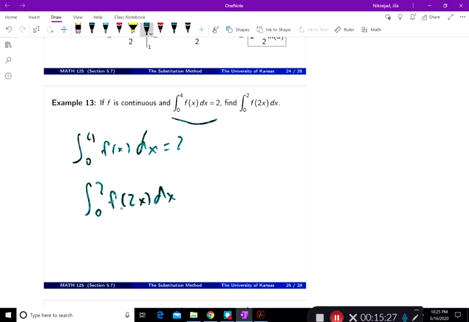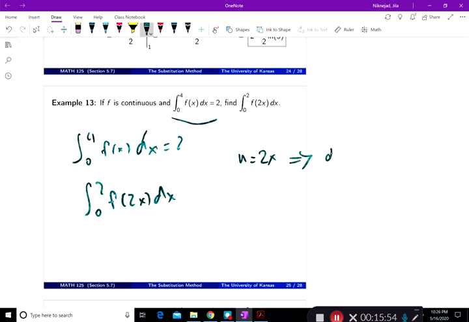Oh, seems like I'm taking the integral of a composition, while that one is just a function by itself. If it's a composition, then I may want to think about the chain rule, which relates to the antiderivative, and then it would be the u substitution. So let's see what u equal to 2x does for us.